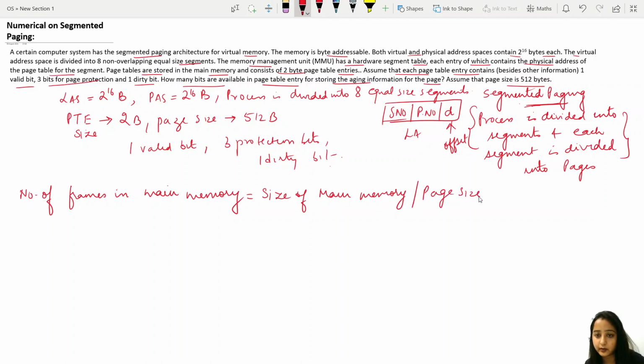So it will be 2 raised to power 16 bytes by page size 512 bytes. 512 is 2 raised to power 9, so it gets cancelled with 2 raised to power 16. So it will be 2 raised to power 7.